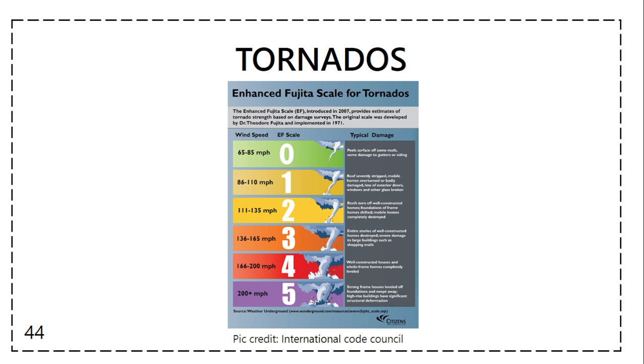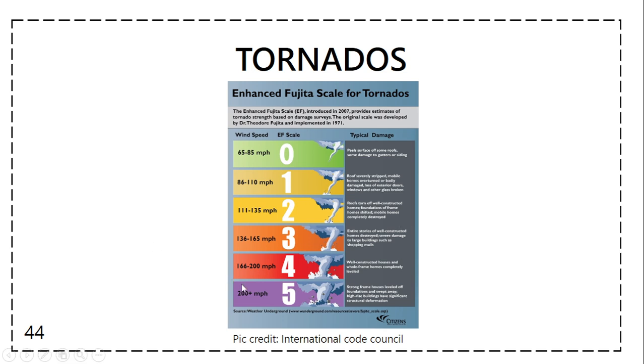EF3: entire stories of well-structured homes could be destroyed, severe damage to large buildings such as shopping malls. EF4: we're starting to get severe now. Well-constructed homes and whole frame homes completely demolished. And EF5: strong frame houses leveled off foundations and swept away. High-rise buildings will have significant structural deformation.